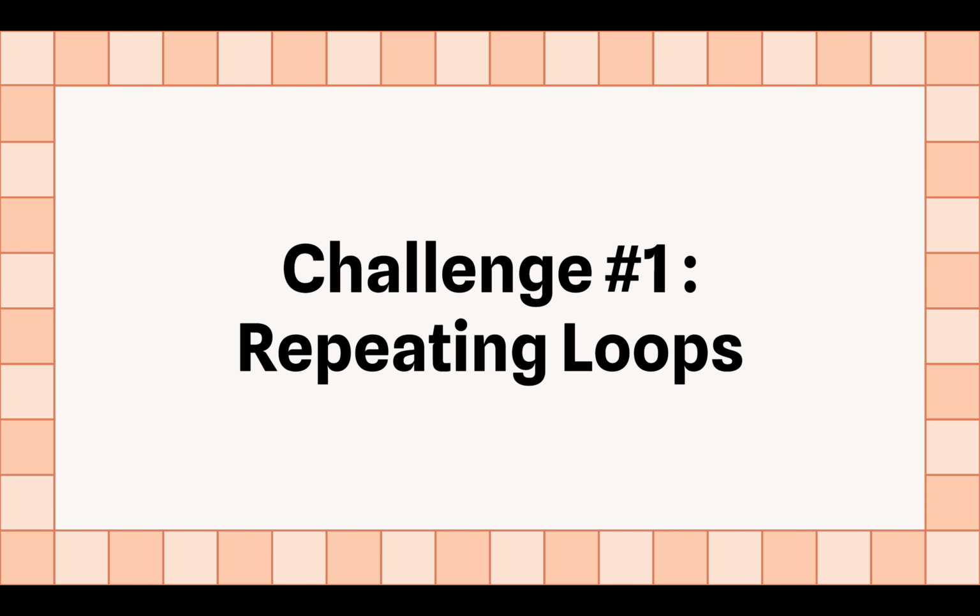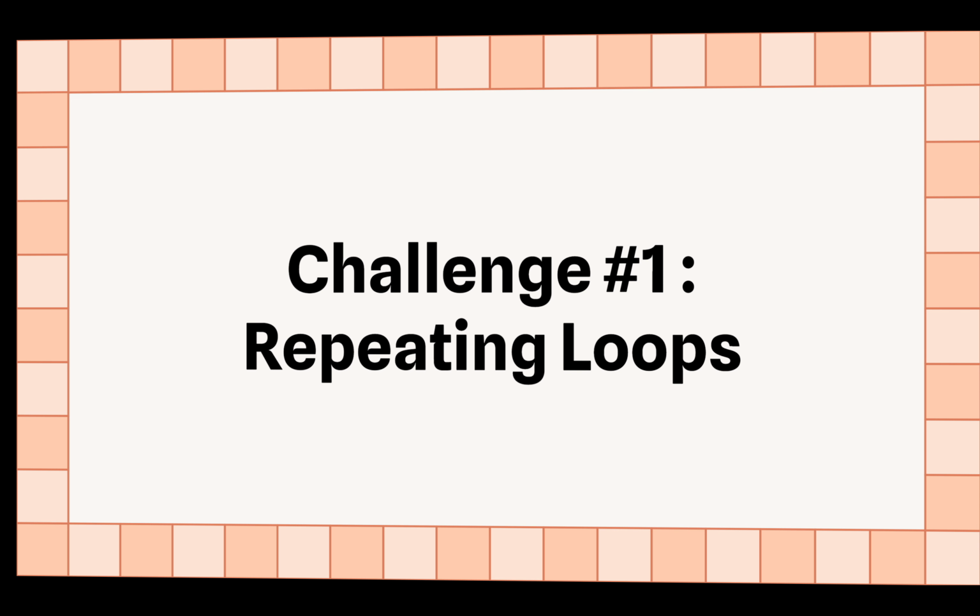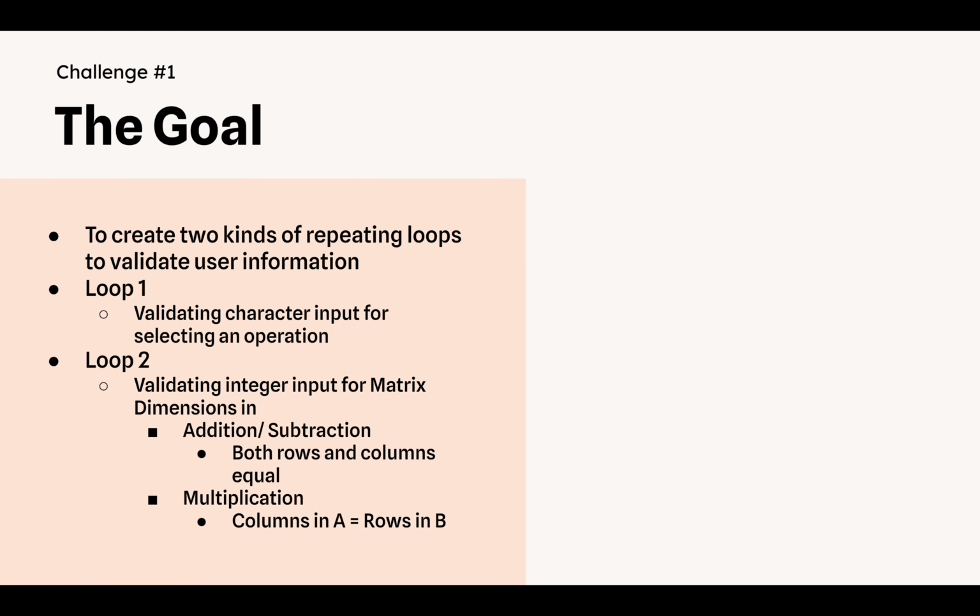So the first main challenge was in the repeating loops that I was implementing. The goal I had for these loops was to create two kinds of repeating loops that would validate different kinds of user information. The first kind of loop was for validating character input when selecting an operation to use a calculator.